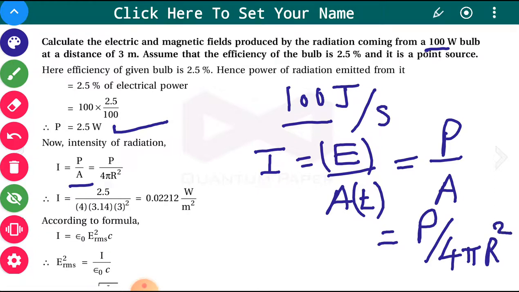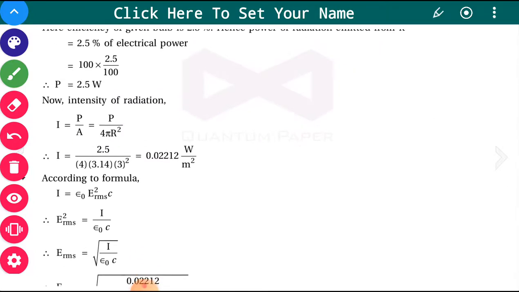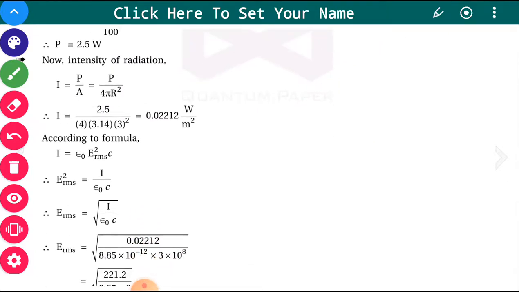Power is 2.5, the amount of energy utilized in converting to electromagnetic waves. Other energy is dissipated in the form of heat. Try to understand this. Upon 4 pi r square, the radius is given, it is 3 meter.